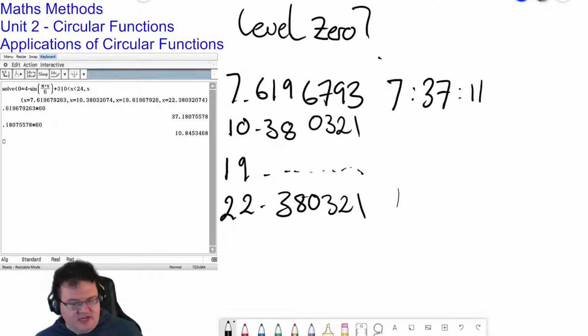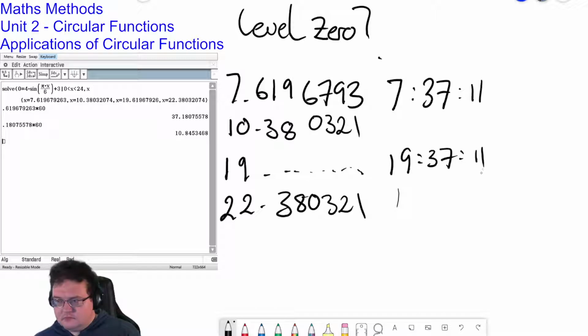Now, conveniently, because the 19 has the same decimal points, all we have to do is add the 12 hours onto it. All right, so by doing this, we've done twice the amount of work already.